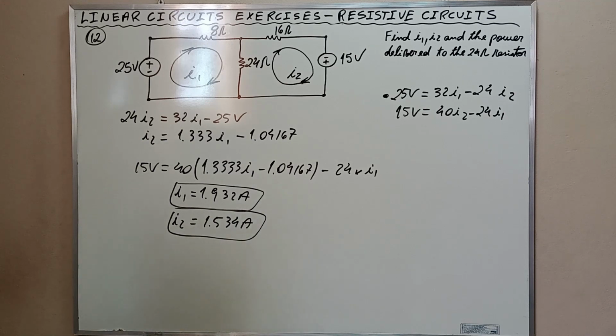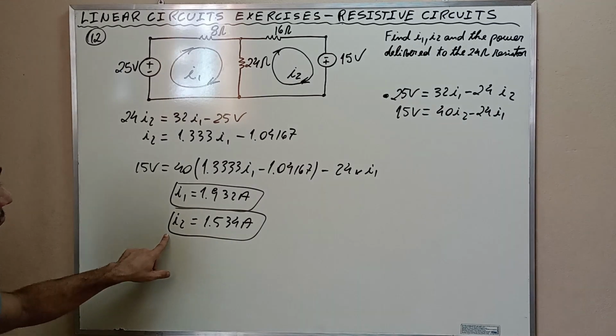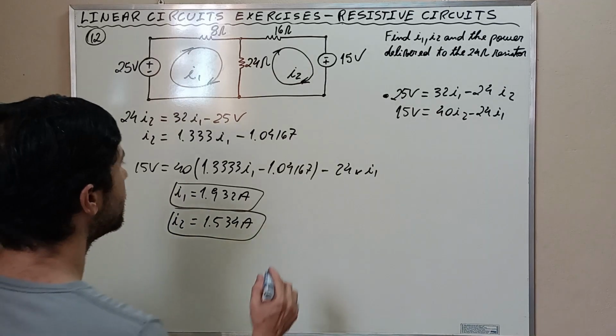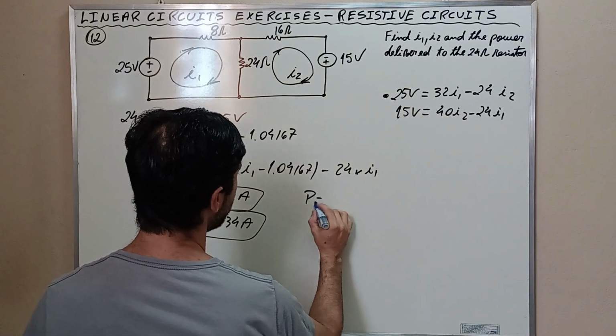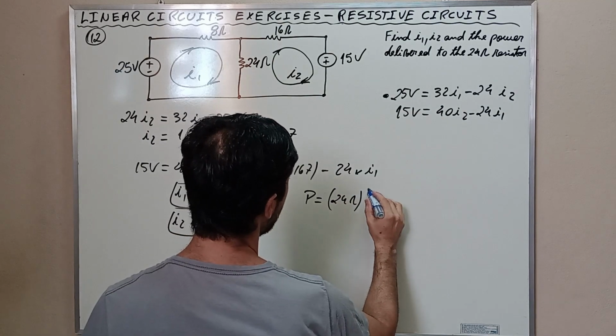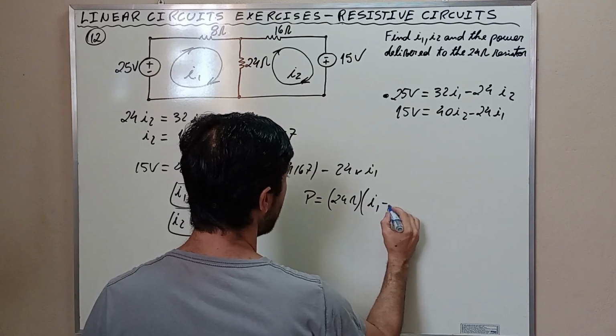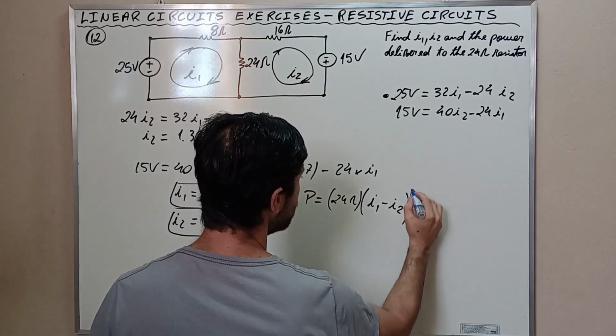And how about the power delivered to the 24 ohms resistor? Observe that I1 is greater than I2. The power is going to be P equal to 24 ohms times the current squared. It's going to be I1 minus I2 squared.